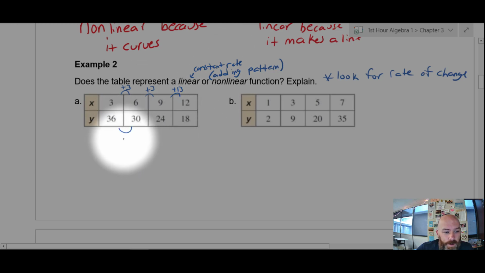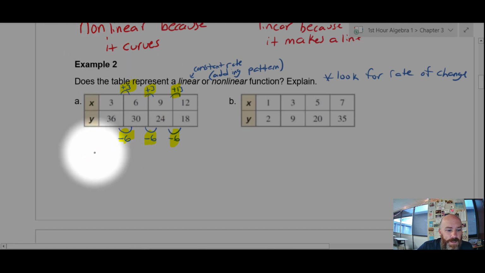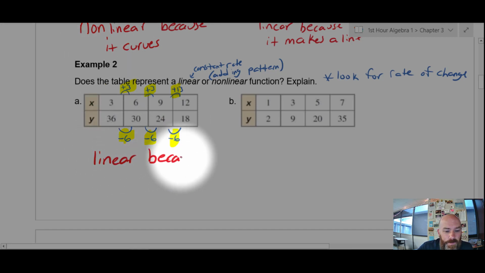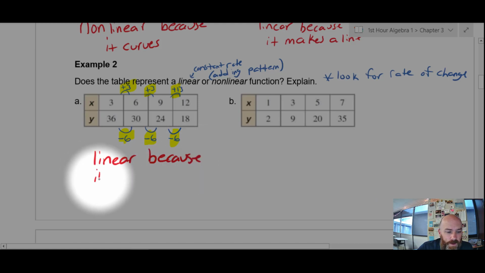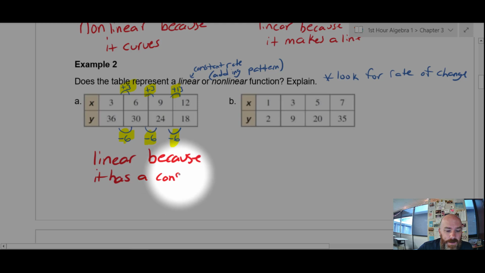So from 36 to 30 is a minus 6, 30 to 24 is minus 6, 24 to 18 is a minus 6. And notice that every single time we have the same rate of change. That means this is linear because it has a constant rate of change.